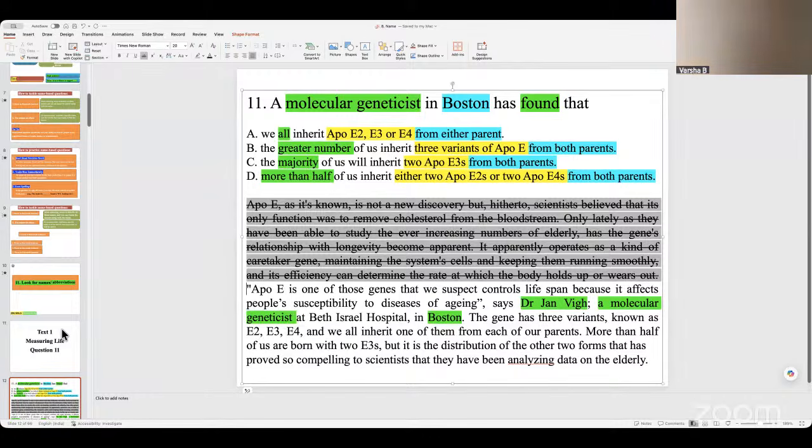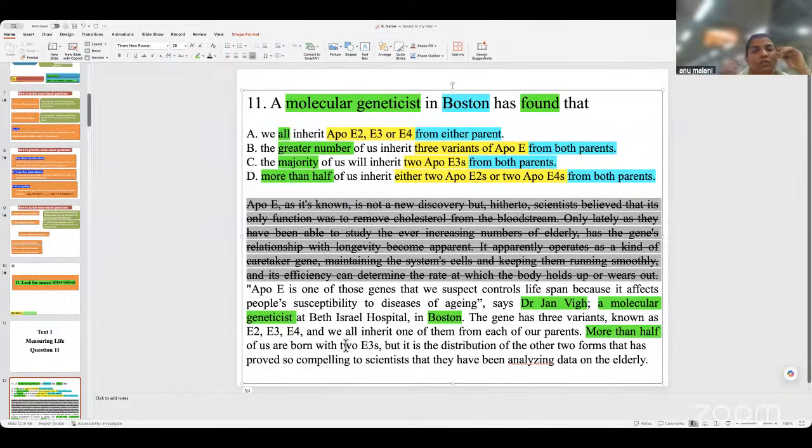We all inherit. More than half of us are born with two E3s, but the distribution of the other two forms... That's a tricky answer. Tell me which is the answer. More than half is given in the fourth option, C. Majority, more than half is given here.